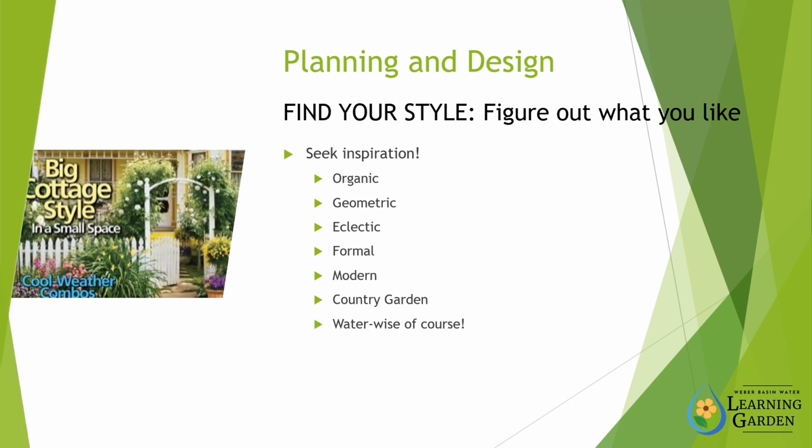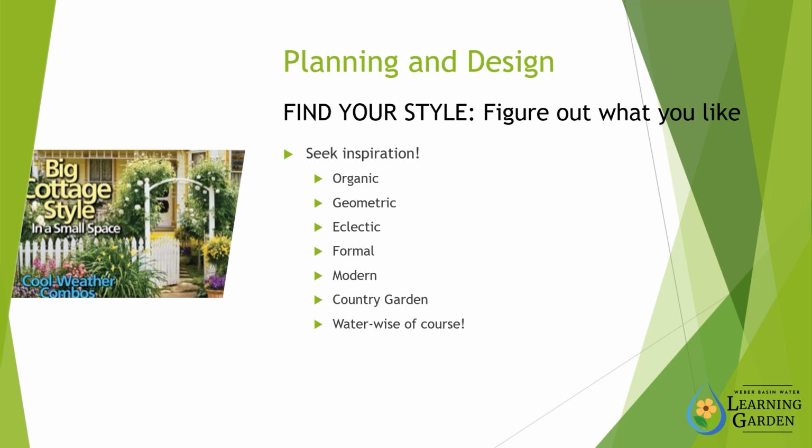After you've made your list of wants and needs and you have decided what elements you want to have in your landscape, it can be tricky to know exactly how they all fit together. And so you need to find a style and figure out what type of style speaks to you.